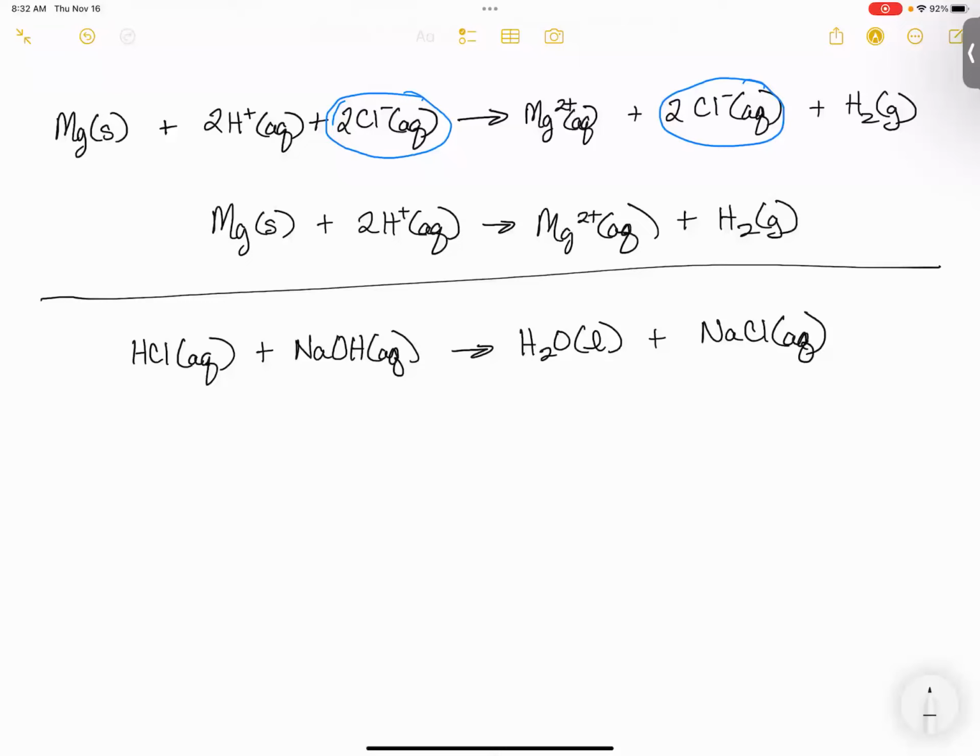Hydrochloric acid is one of your strong acids, so this is a strong electrolyte.